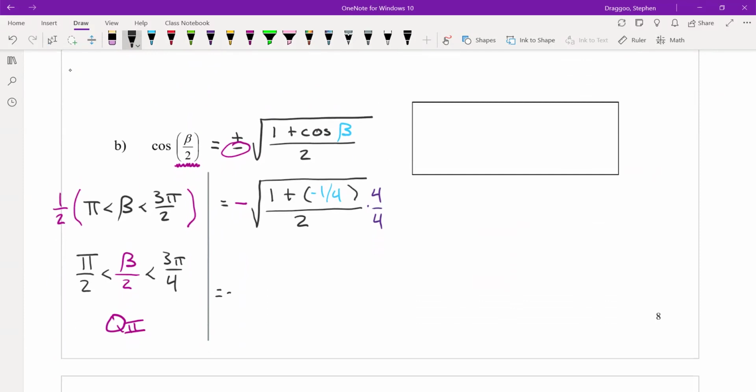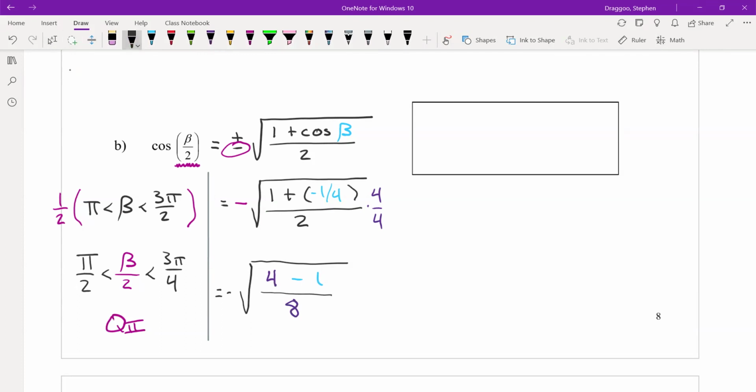This thing looks like negative square root of, well, I'll have 4 minus 1, all over 2 times 4, which is 8.